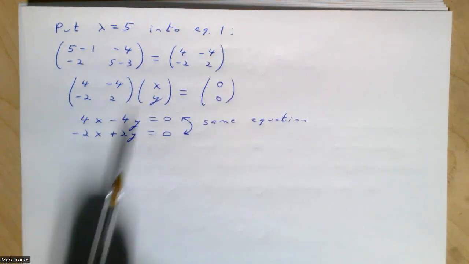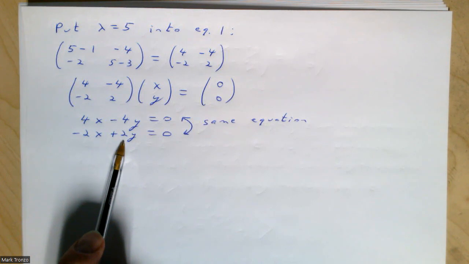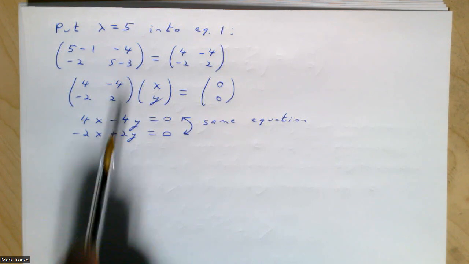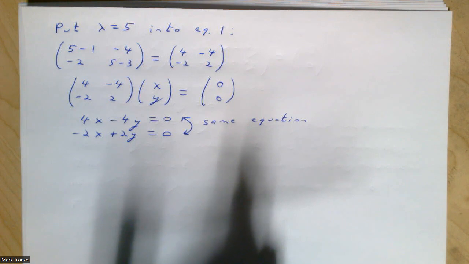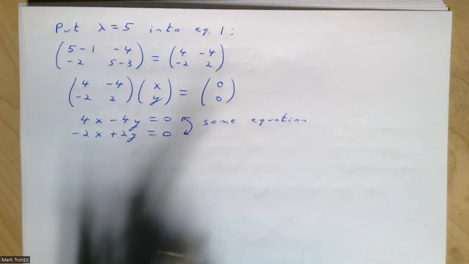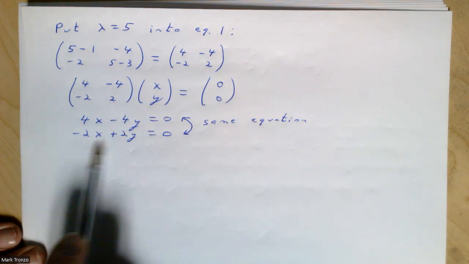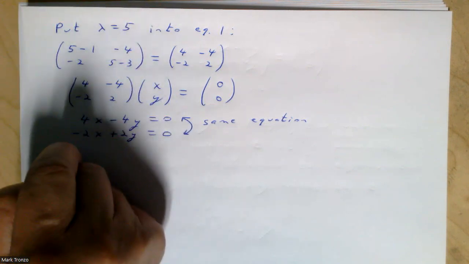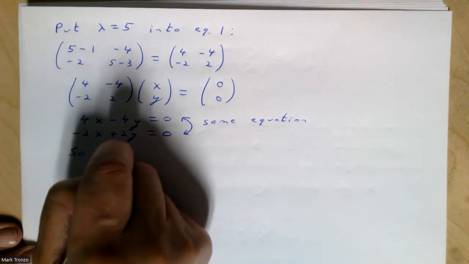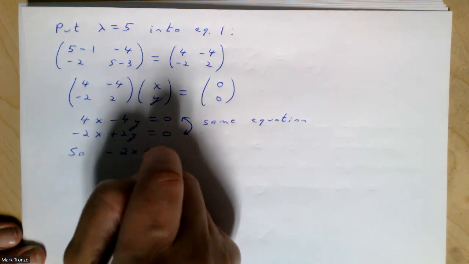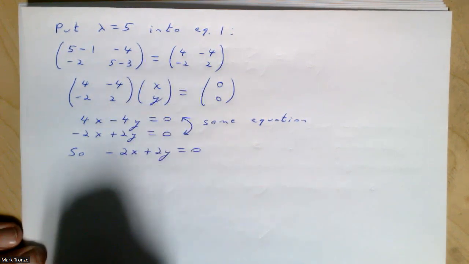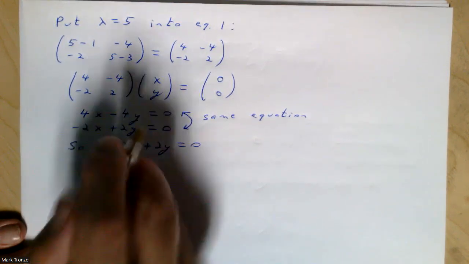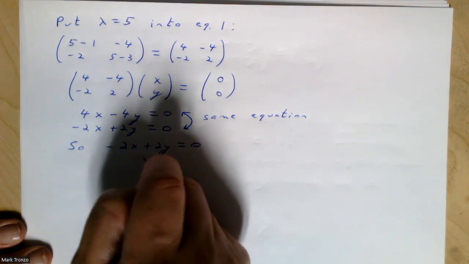If you multiplied this by minus 2, you would get this. So we only have one equation, and we'll work with that one equation. We can pick either one here. Let's work with this one: minus 2x plus 2y is 0. And when we work this out, we end up with x equals y.